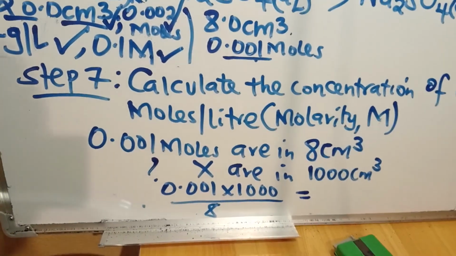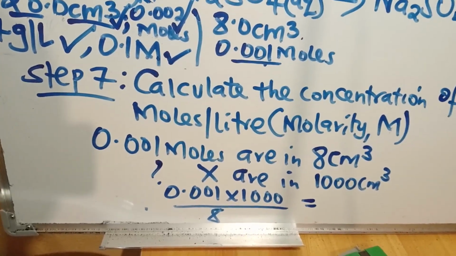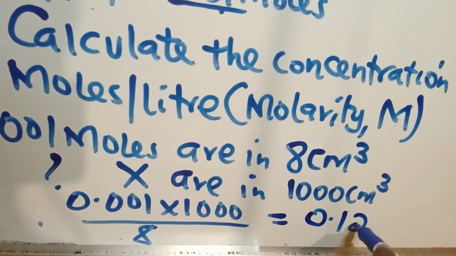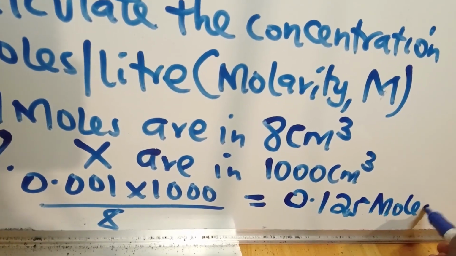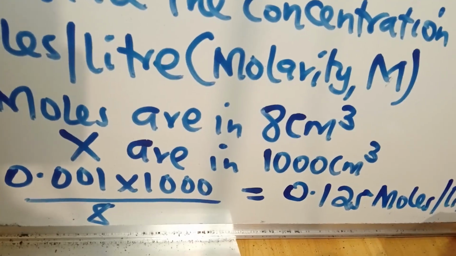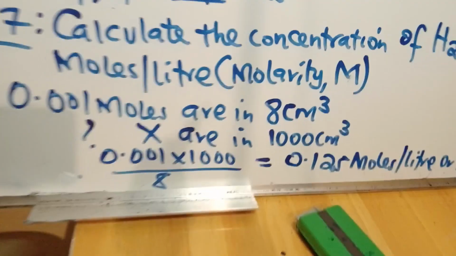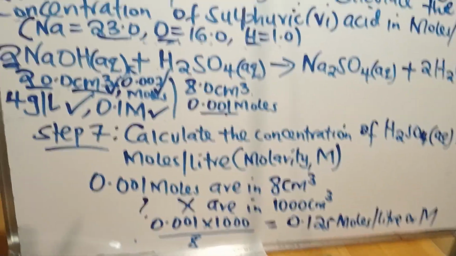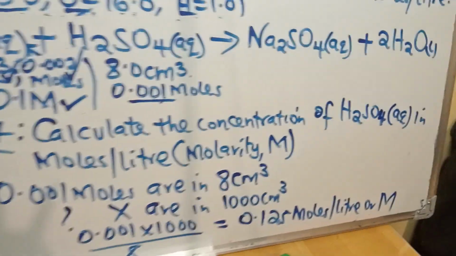Once you enter that into your calculator, you end up with 0.125 moles per liter, or you can use capital M, because as I said, moles per liter also means molarity.